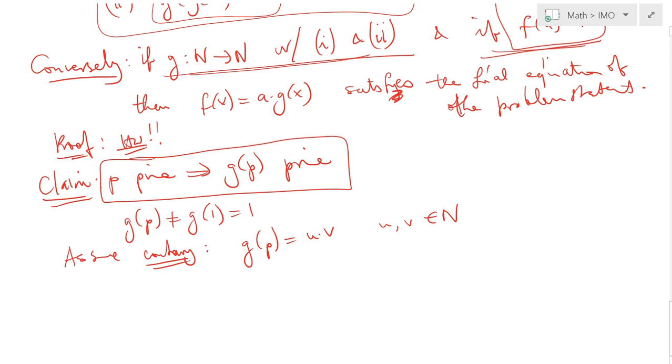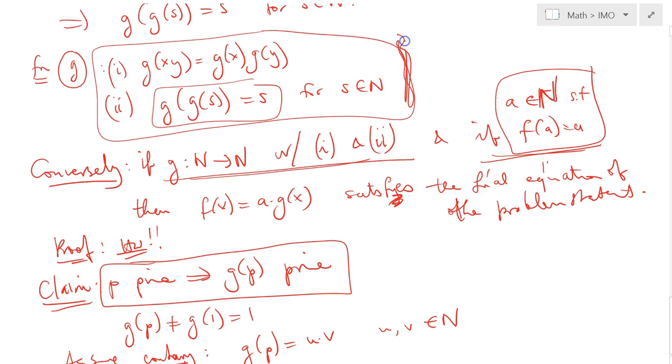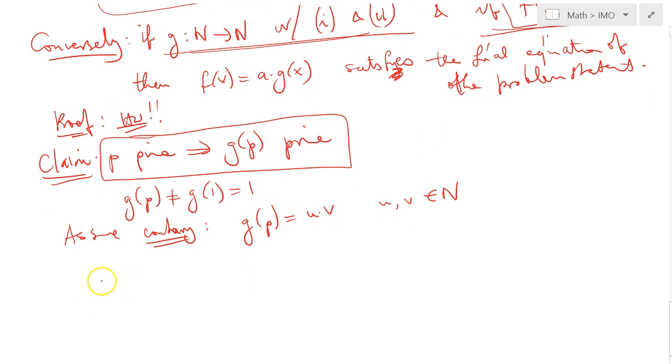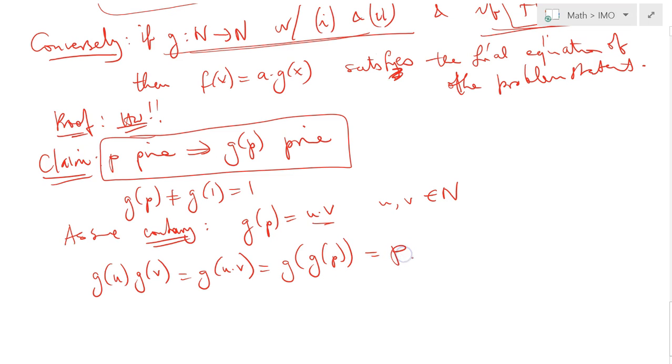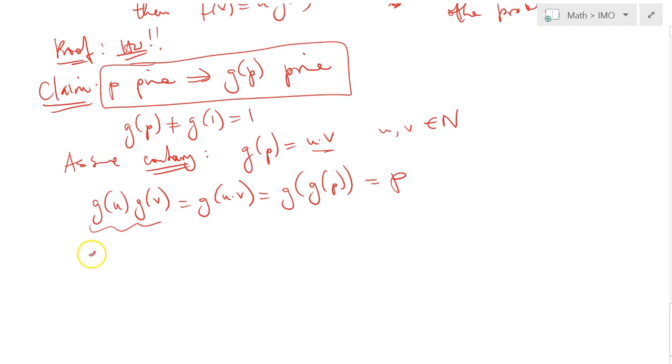Then by the given two characteristics of the function g, we would get that g of u times g of v is equal to g of uv, because our function g is multiplicative, but then this is just g of p, which is simply equal to p, which is a prime. So either g of u is equal to 1 or g of v is equal to 1.